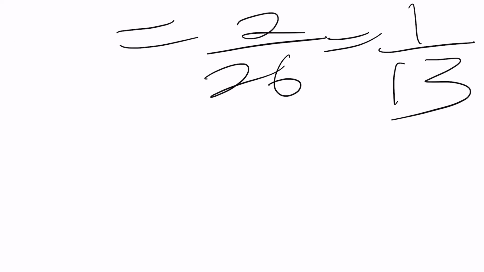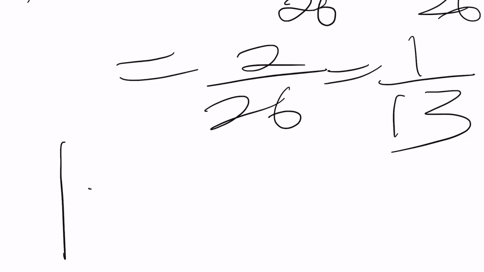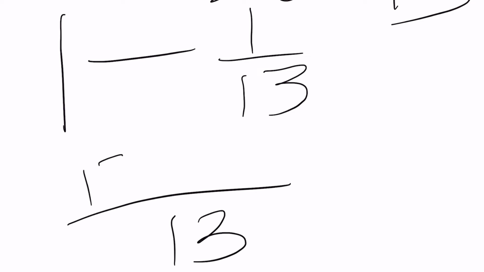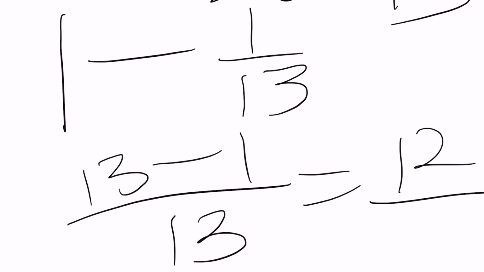So not an A or Z will now be 1 minus 1/13. So we have 13 minus 1 over 13, which is 12/13. So the probability of getting not an A or Z is 12/13.